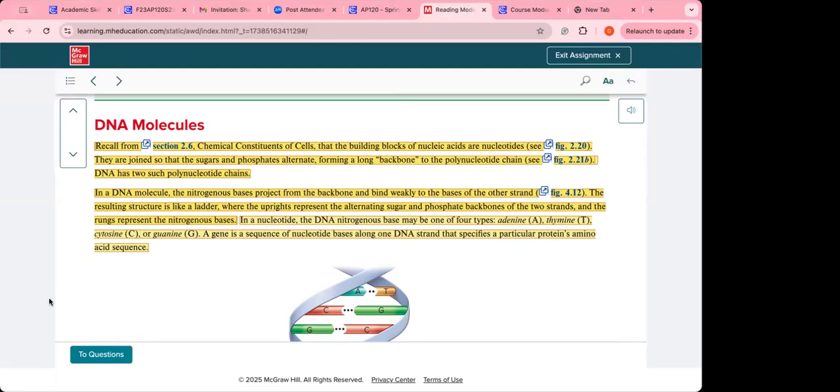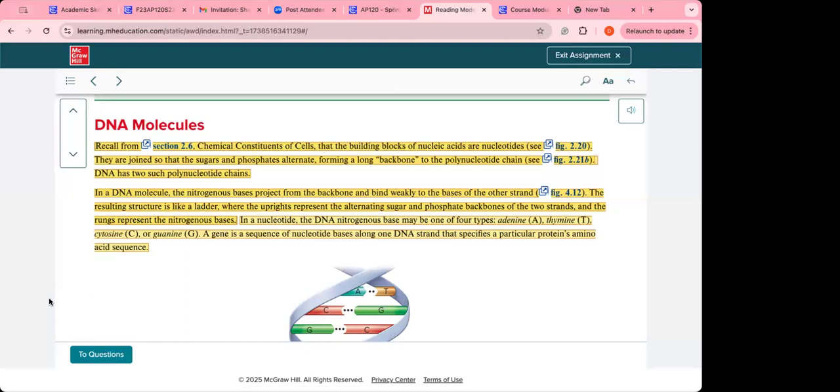The resulting structure is like a ladder where the uprights represent the alternating sugar and phosphate backbones of the two strands, and the rungs represent the bases. In a nucleotide, the DNA nitrogenous base may be one of four types: adenine, thymine, cytosine, or guanine. A gene is a sequence of nucleotide bases along one DNA strand that specifies a particular protein's amino acid sequence.